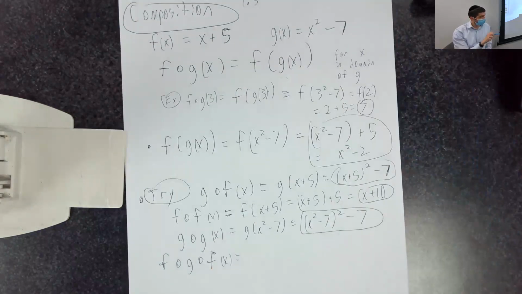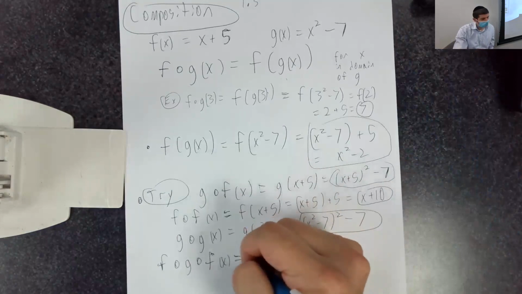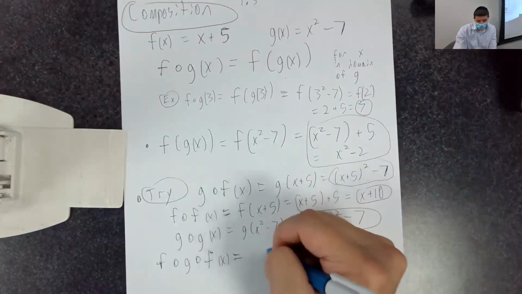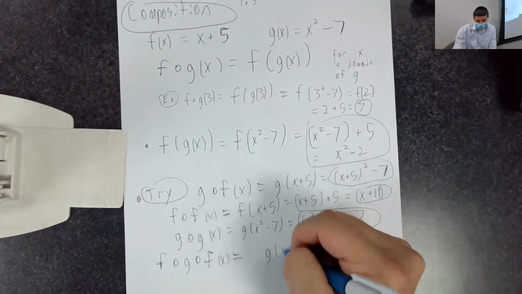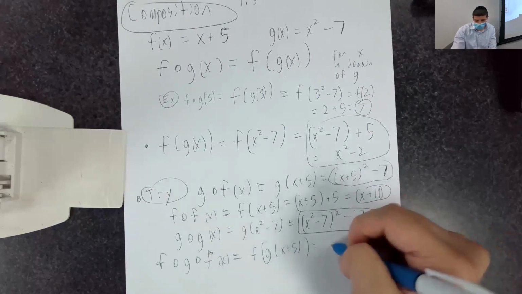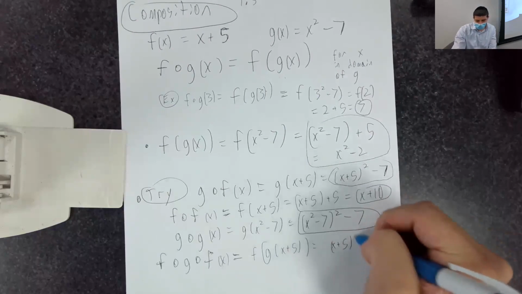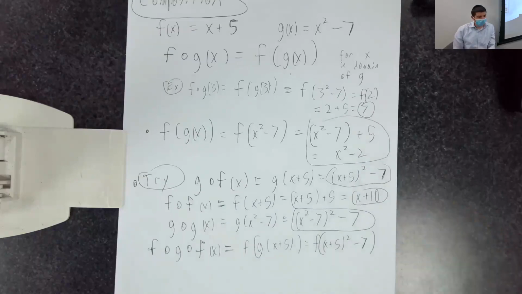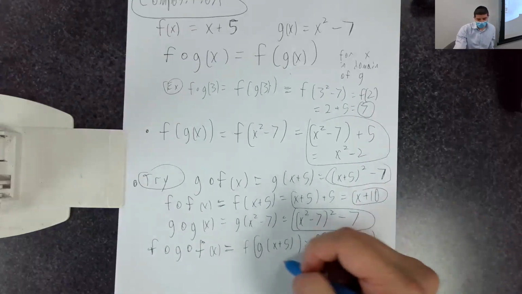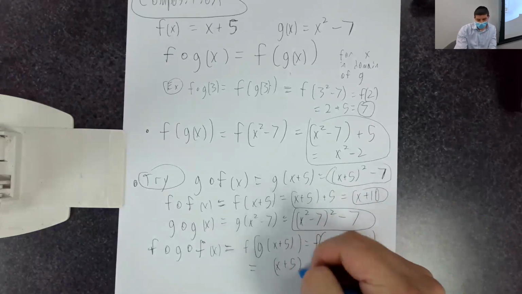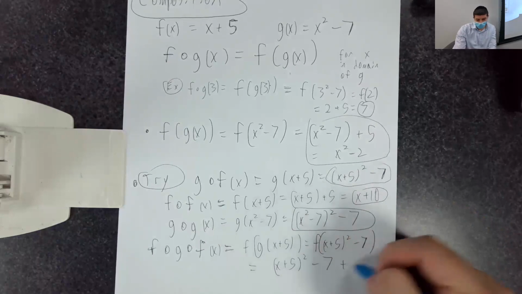Want to try f of g of f? Yeah, go ahead. Would be g of x plus 5. Good. Which would be x plus 5 squared minus 7. Right, so x plus 5 squared minus 7, that's g of f. And now I have to plug all of that into f. You would get x plus 5 squared minus 7 plus 5.